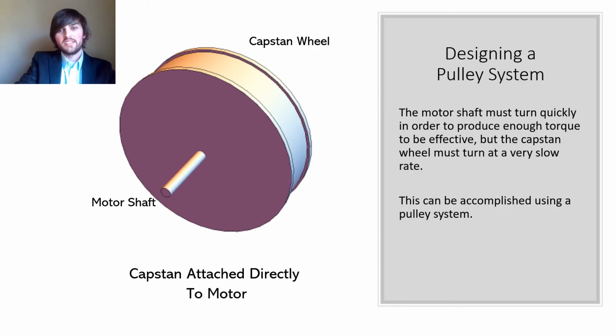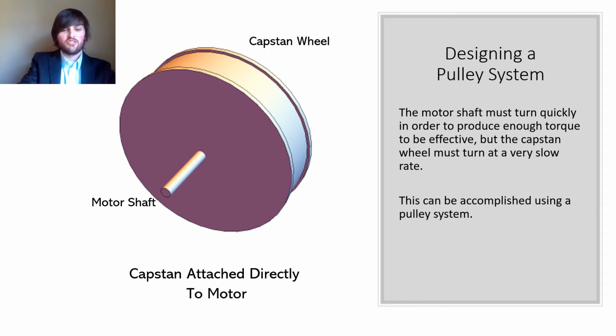Currently, I'm designing a pulley system in order to attach the capstan motor to the capstan. The reason we need a pulley system is because the motor shaft has to turn very quickly in order to create enough torque to turn the wheel. But in order to take up the rope, the large capstan wheel has to turn very slowly.